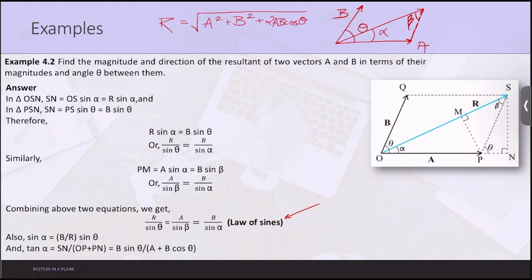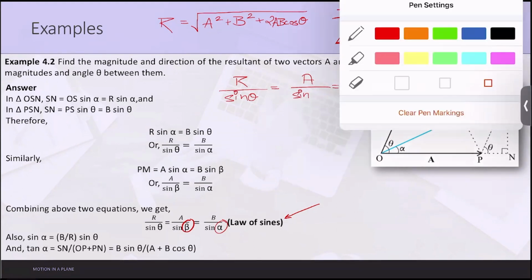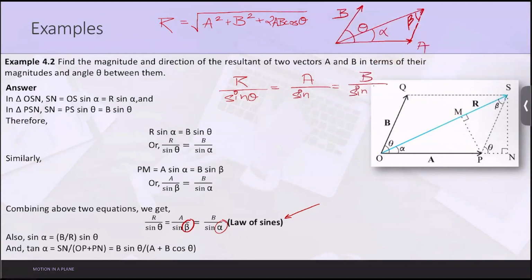And similarly, if we need to calculate the values of alpha and beta, we can use the expression R upon sine theta is equal to A upon sine beta is equal to B upon sine alpha. Sorry, a little mistake: A will have sine beta and B will have sine alpha.